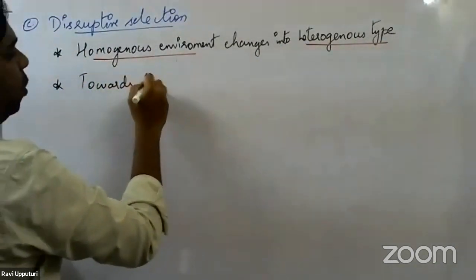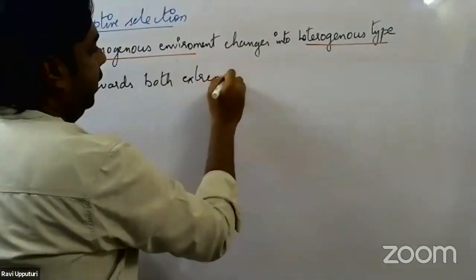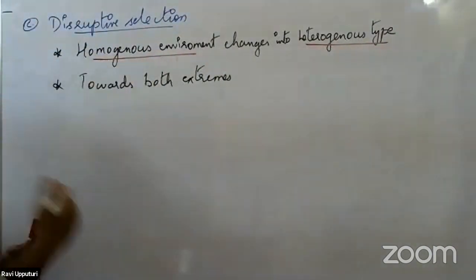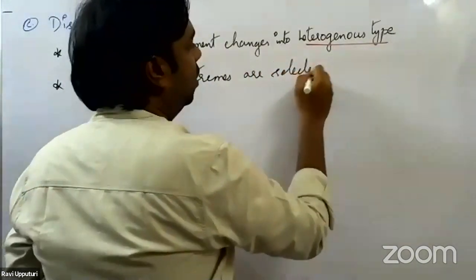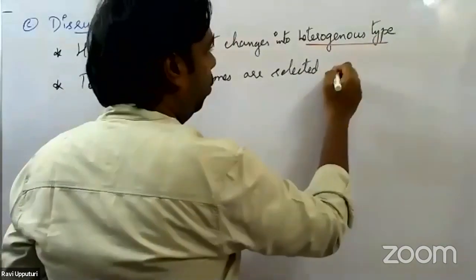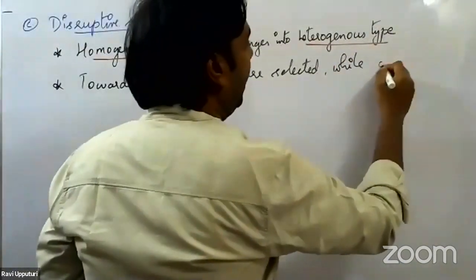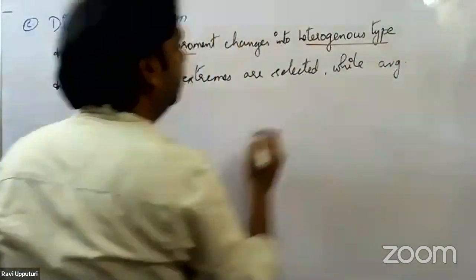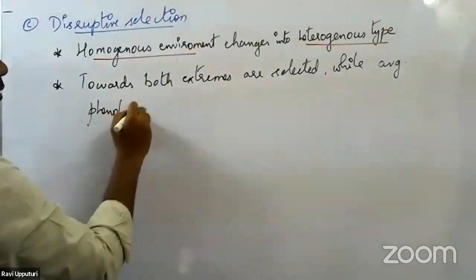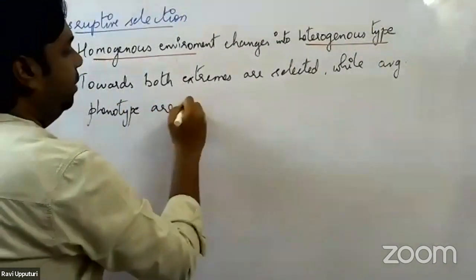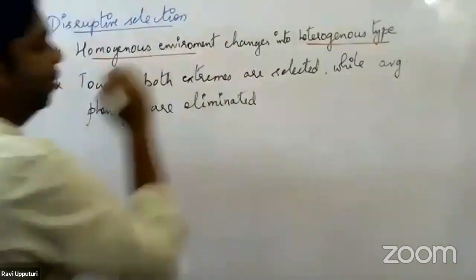Individuals towards both the extremes are selected or preserved, while individuals possessing average phenotype are being eliminated from the population, right?